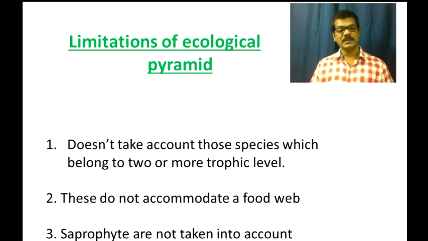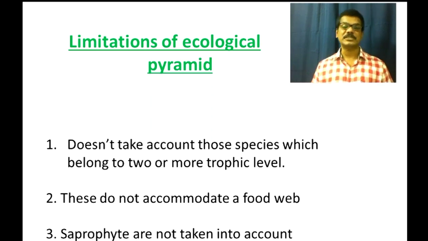Further, saprophytes are an important group of organisms in every ecosystem. They help in the decomposition of detritus, and in a terrestrial ecosystem, as we have seen, a large amount of energy is transferred through the detritus food chain.